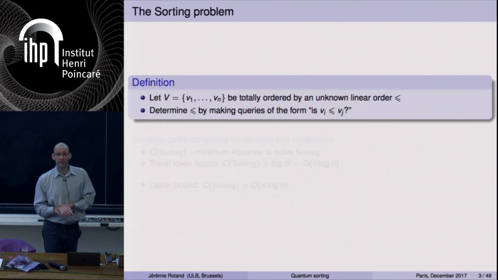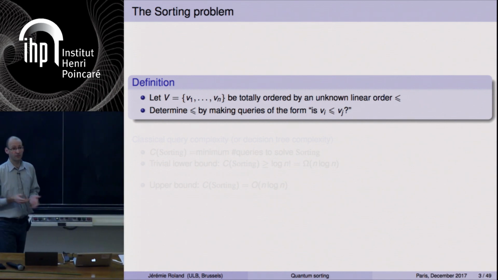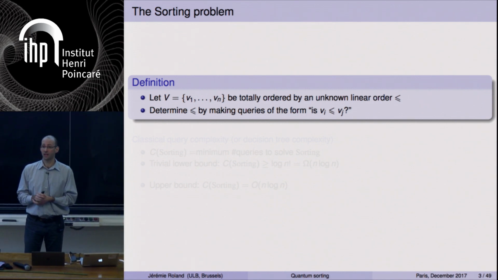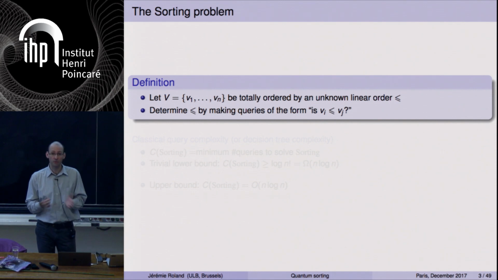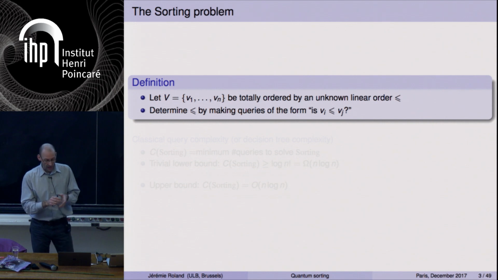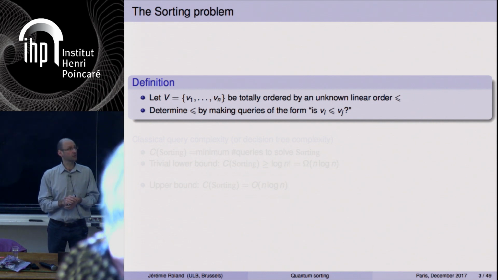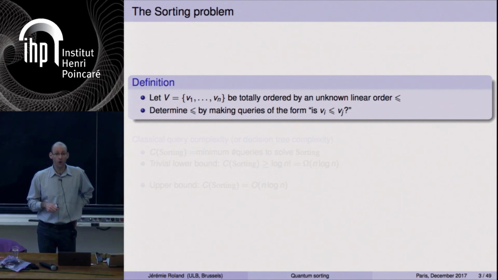So let's start with the basic problem, sorting. You probably all know this problem. It's a very important problem in algorithms. If you had a course on algorithms, one of the very first problems that were defined was sorting. I will formalize it as follows. You have a set of elements which is totally ordered under some unknown linear order.